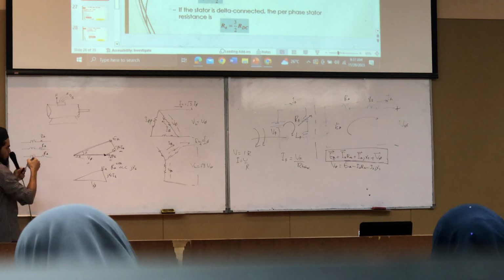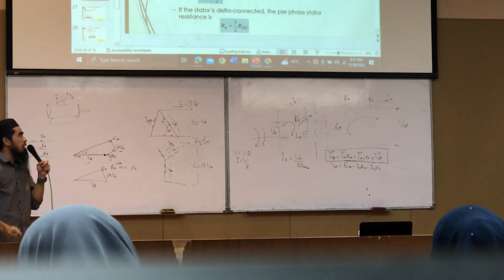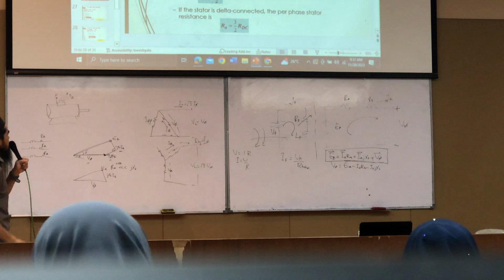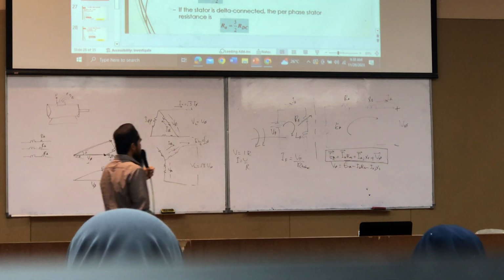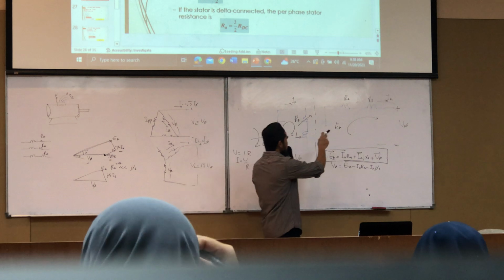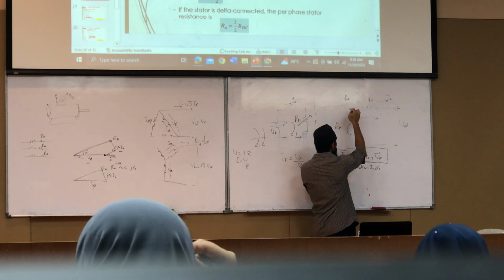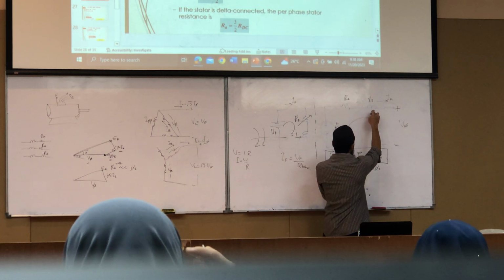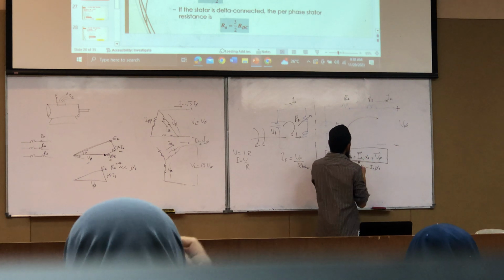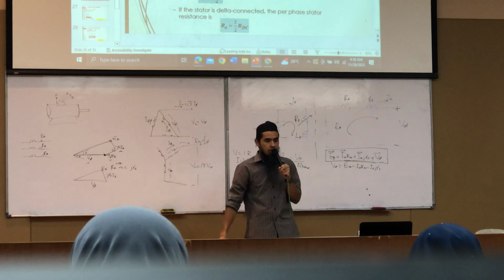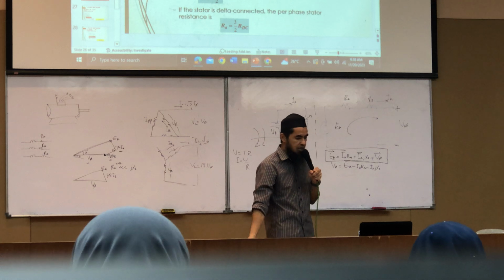So you have to determine the value of RA such that you can draw this single phase diagram and determine how much the value of RA and your value of JXS here. Okay, that's why we perform this DC test.